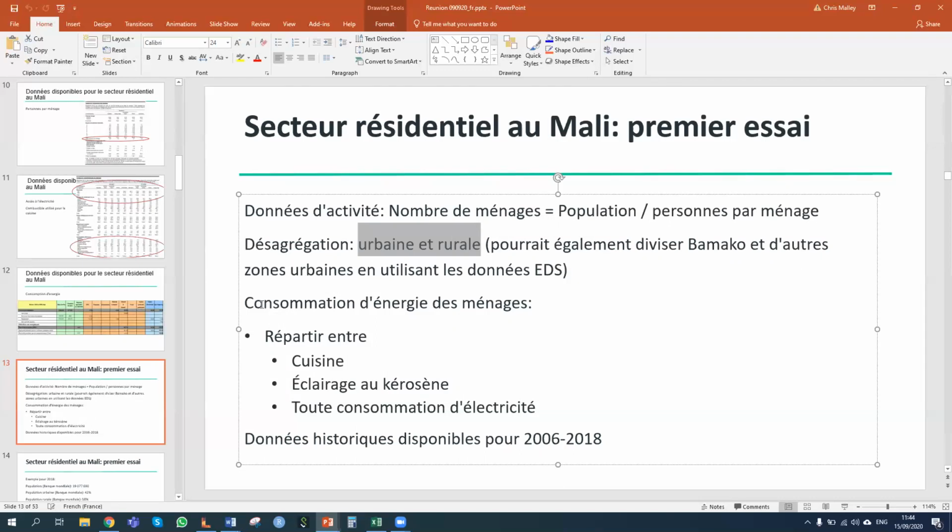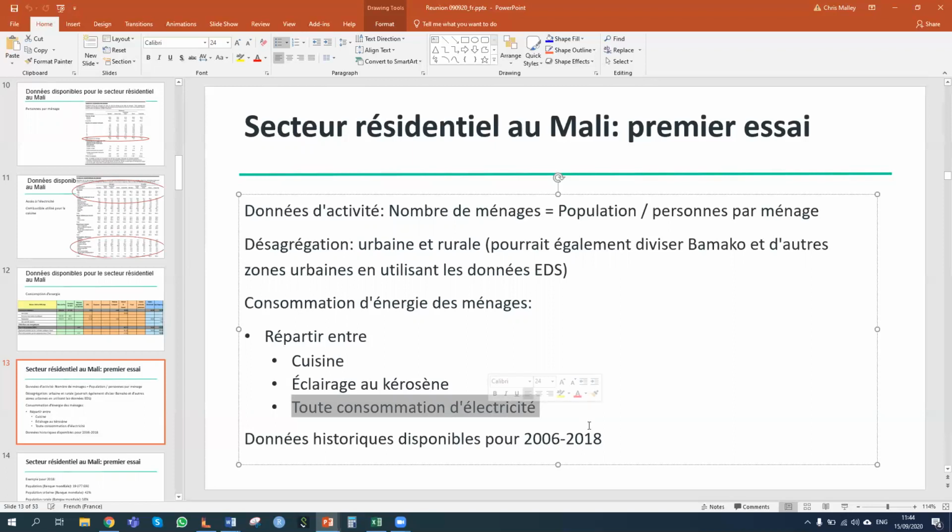From the consumption of energy in households, we should be able to split cooking, and lighting using kerosene.